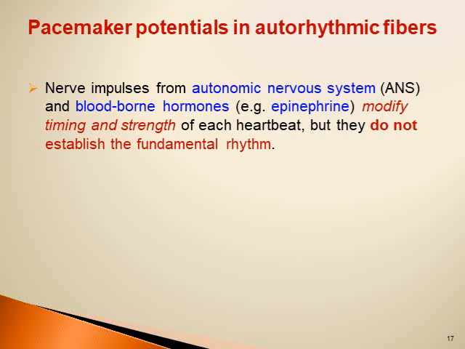So the pacemaker potentials in the autorhythmic fibers, nerve impulses from the autonomic nervous system divisions, and blood-borne hormones like epinephrine from the adrenal medulla modify the timing and strength of each heartbeat, but they do not establish the fundamental rhythm. So we need the SA node and the rest of the conduction system to generate the action potential.